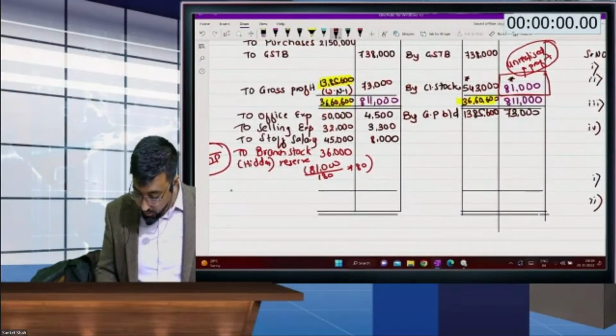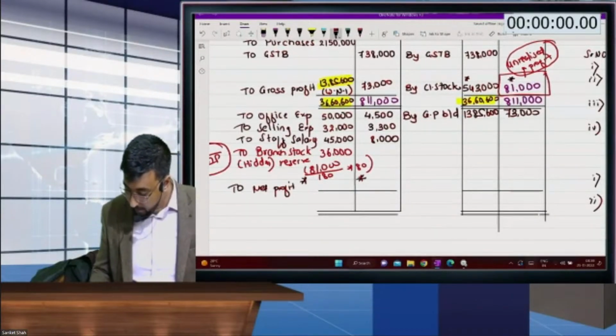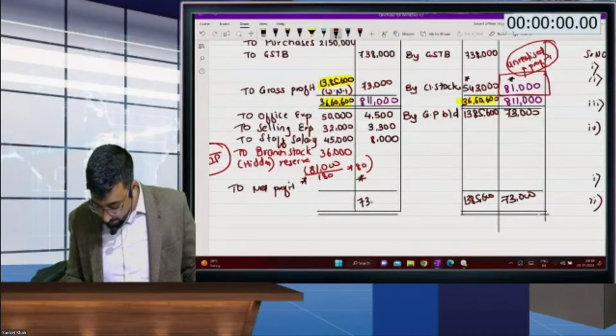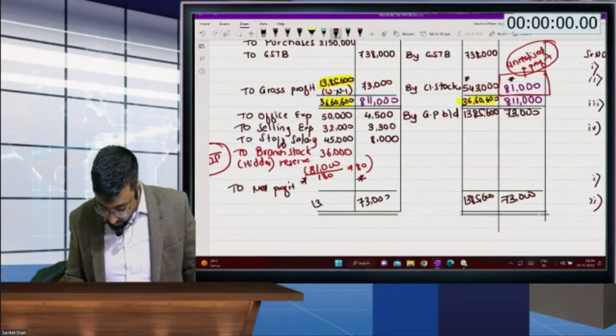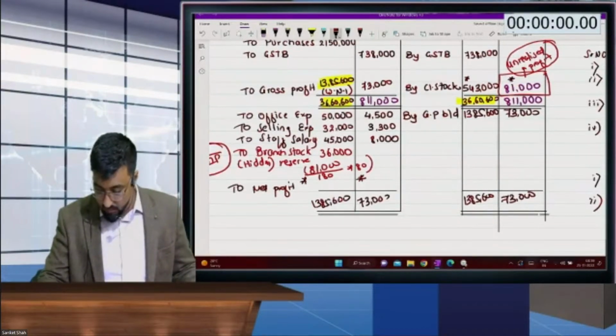And then to net profit is a balancing figure. 13,85,600, 73,000. 13,85,600 minus 50 minus 32 minus 45 minus 36.